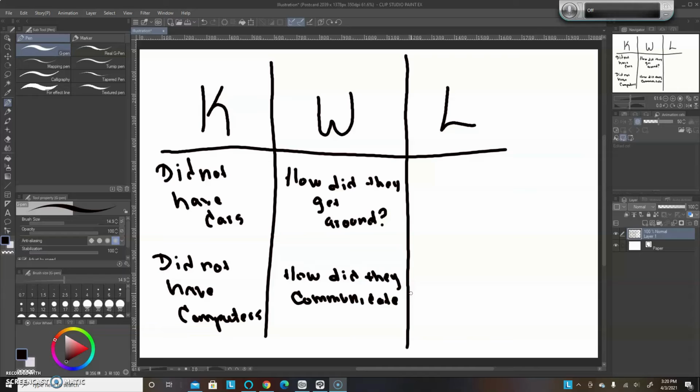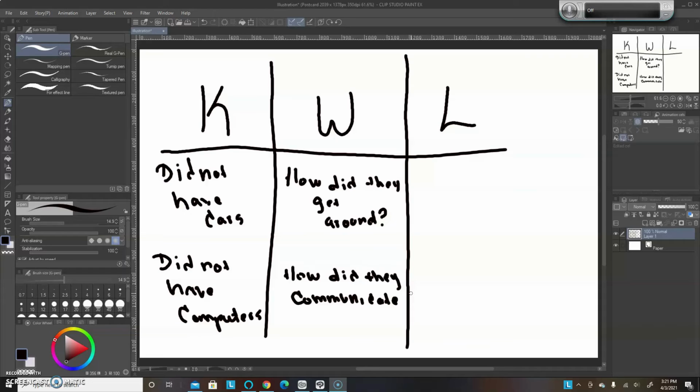As a whole group, we would complete the K and W columns of the chart at the beginning of the unit. And then the L column would be left to fill in as we work through the course material.